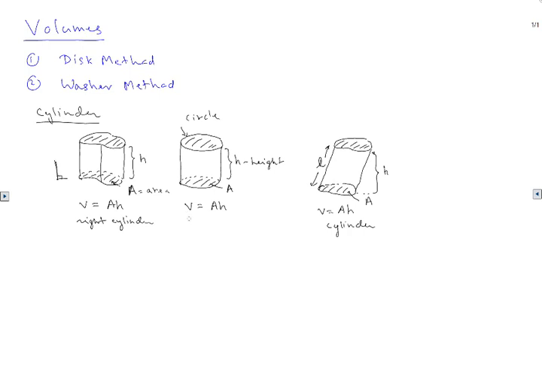And this is what we call a right circular cylinder, because it's a 90 degree angle and at the same time the base is circular. So this is a right circular cylinder. Okay, so there are three names.